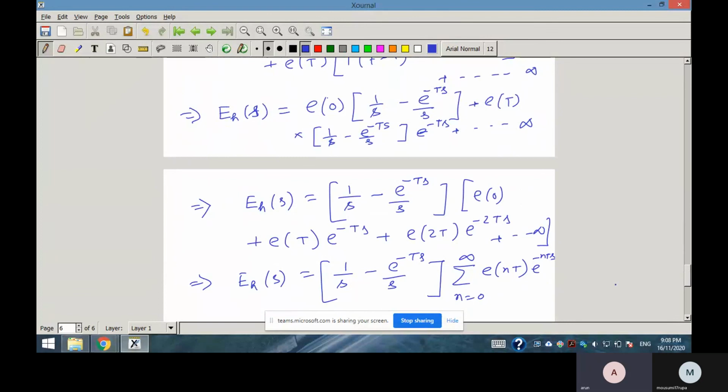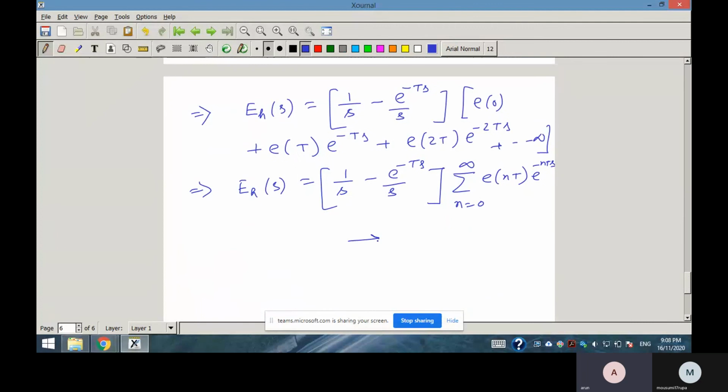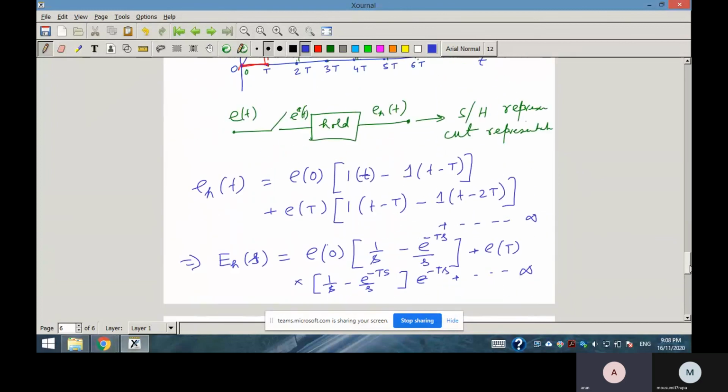See, this is the whole signal in the transform domain. Now what is the input of the whole circuit?